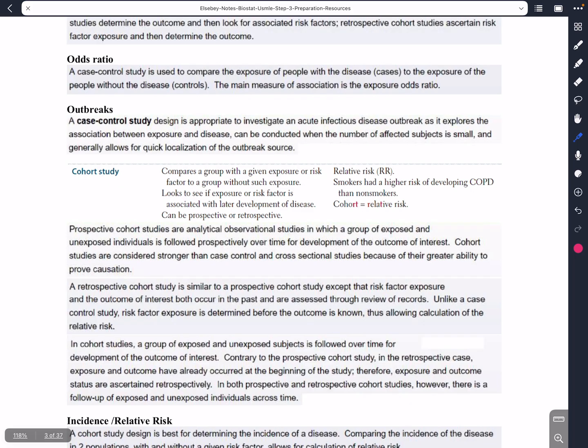Okay, now moving on to outbreaks. A case control study design is appropriate to investigate an acute infectious disease outbreak, as it explores the association between exposure and disease. It can be conducted when the number of affected subjects is small and generally allows for quick localization of the outbreak source.